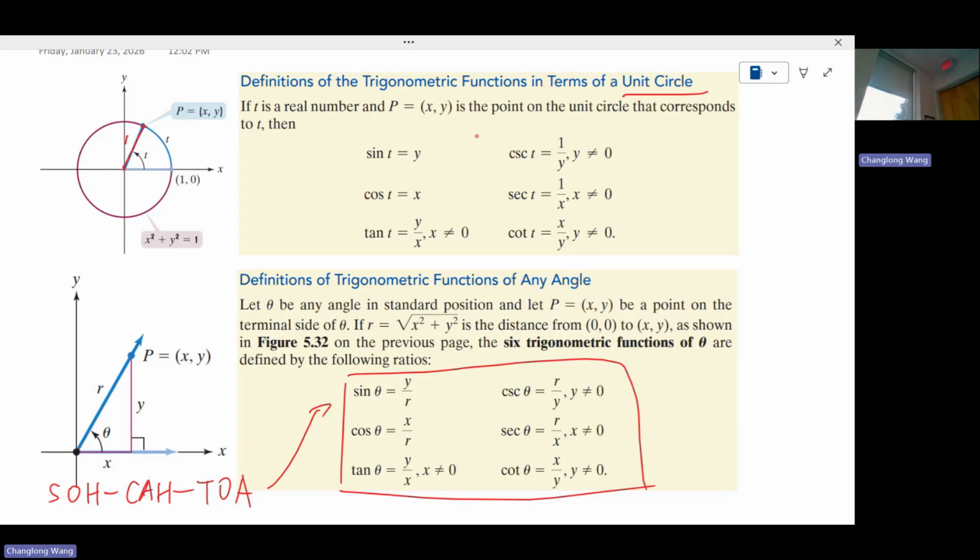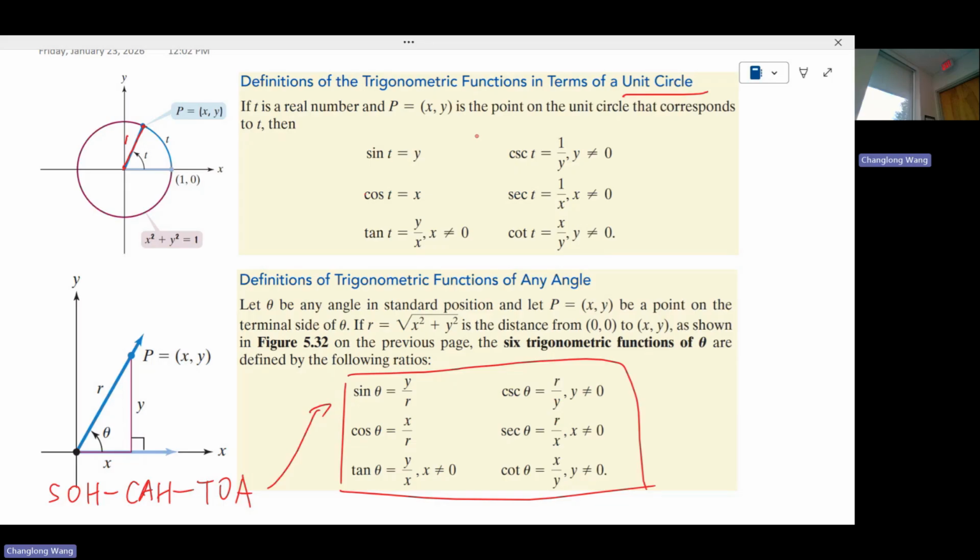Now, cosine. Anyone remember what cosine 60 degrees is? How come it happens to be the same as sine 30? Cosine 60, sine 30, sine and cosine are co-functions of each other, and therefore angles add up to 90.